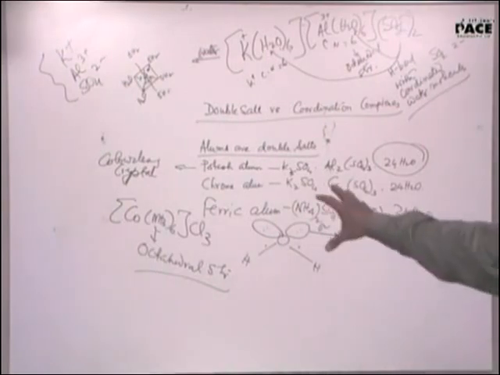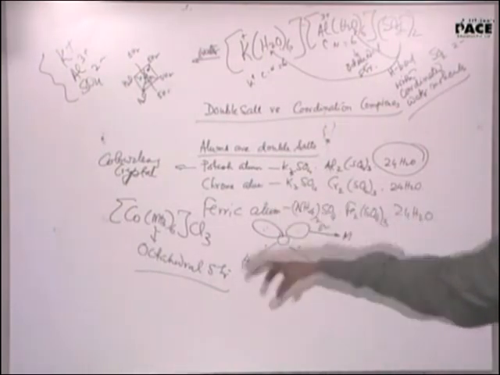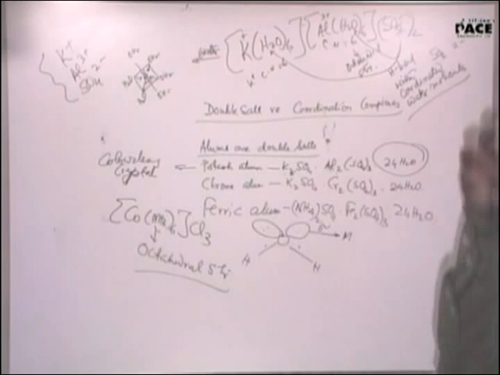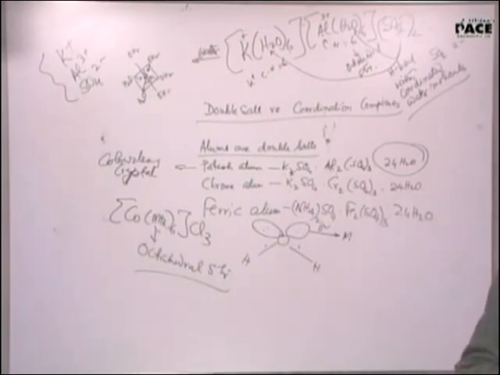This compound shows octahedral structure both in solid as well as in solution. So that is the difference between an alum, a double salt, and a coordination complex.